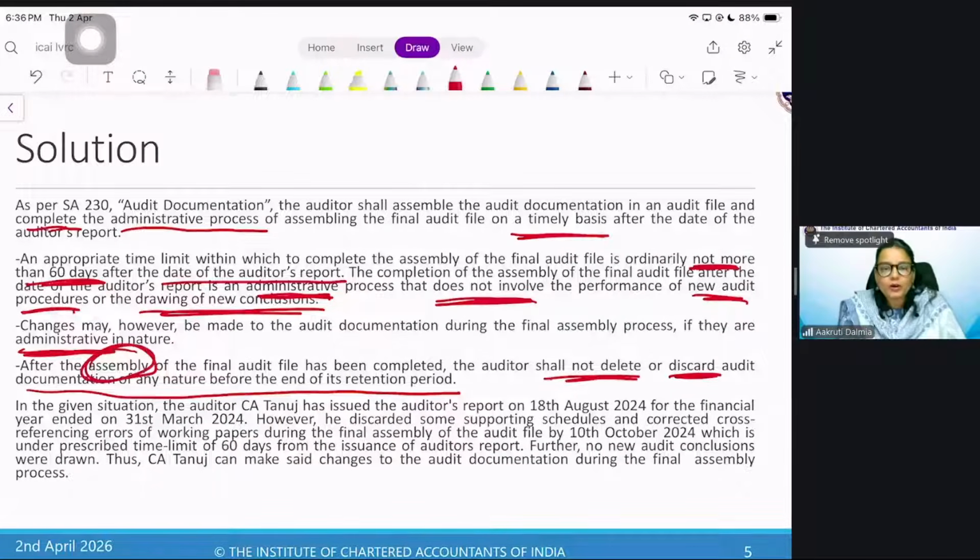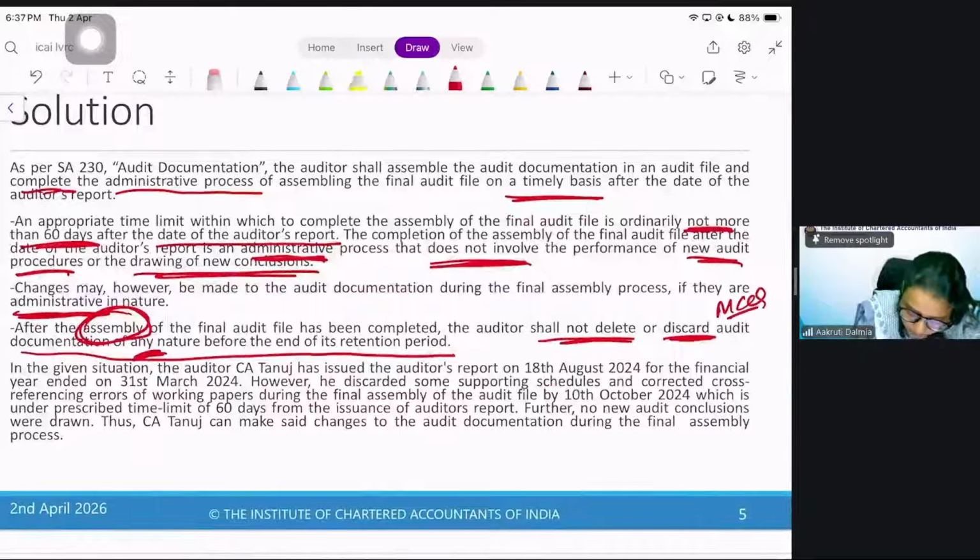So, you are asking whether they have violated by discarding. We are allowed to discard before the final assembly of the audit file. After your audit file is fully assembled, you cannot delete or discard anything of any nature. Is that clear? Please remember this for MCQ.